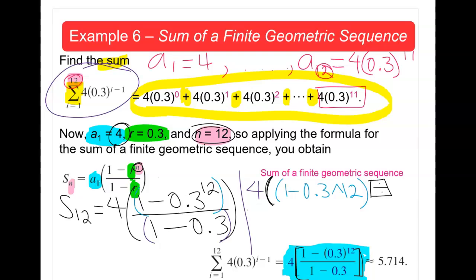Then we will enter the denominator, and I'm going to have to write below. It will be open parentheses after the division, and then here, the denominator. So 1 minus 0.3. I'm going to close that one, and then I have to close another parentheses that I opened right after the number 4.